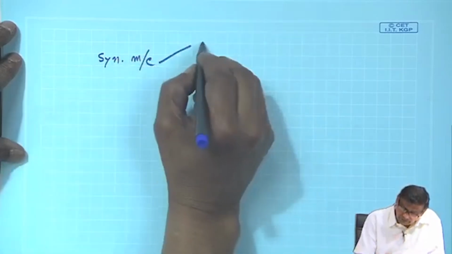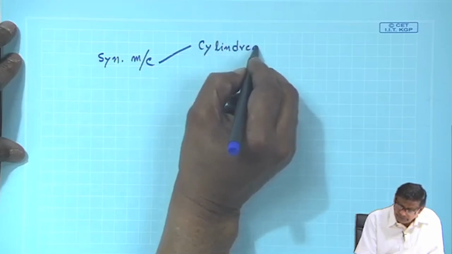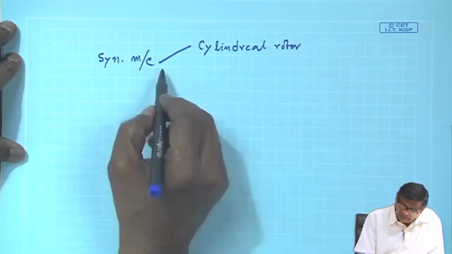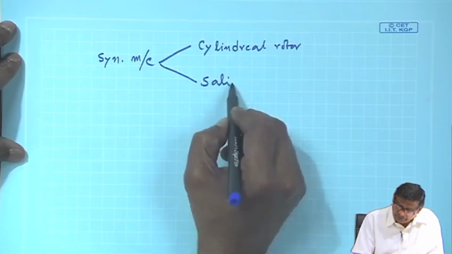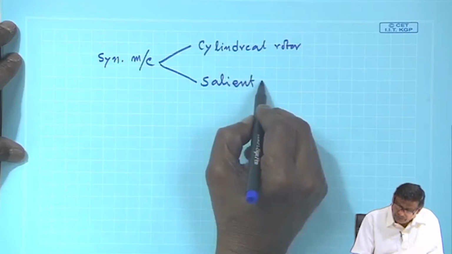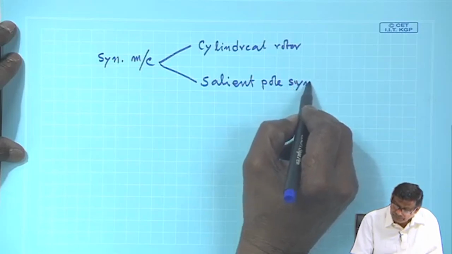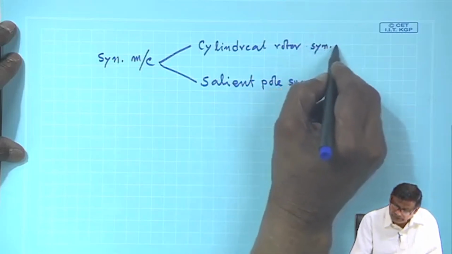One is called cylindrical rotor, and another is salient pole synchronous machine. Salient pole synchronous machine, cylindrical rotor synchronous machine.